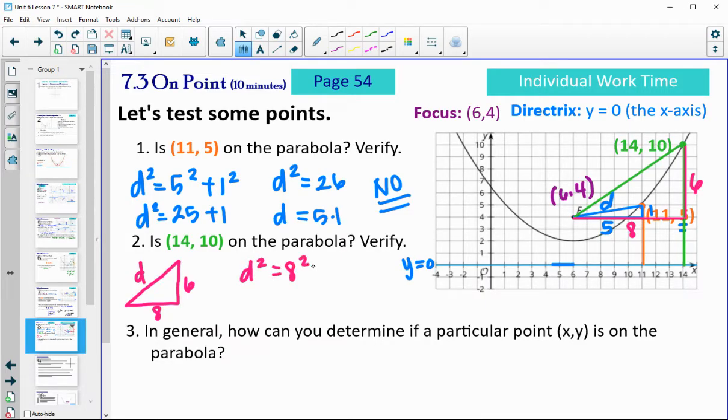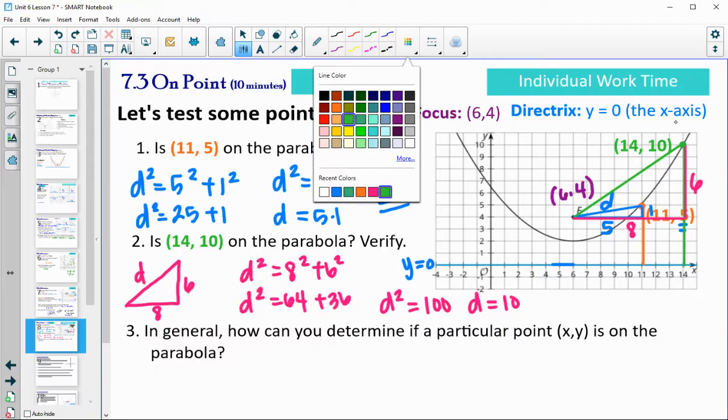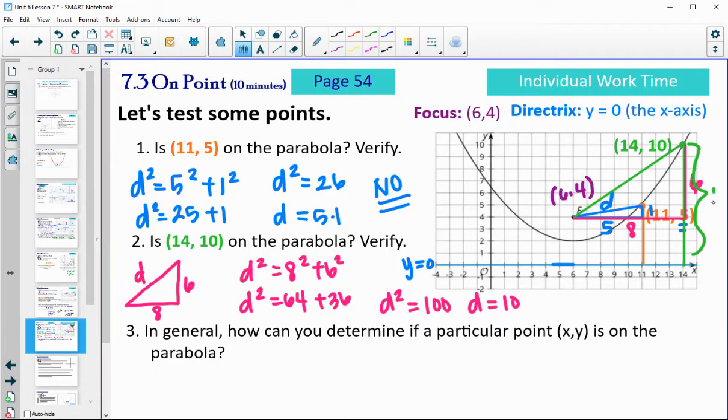So we get 8 squared plus 6 squared, and we want this to be 10. Okay, that distance from the directrix to the point. If it is, then this is on the parabola. So 64 plus 36 is equal to 100. Square root that, and we get 10, which was this distance here. So 10 and 10 means that this is on the parabola. So yes, this one is.